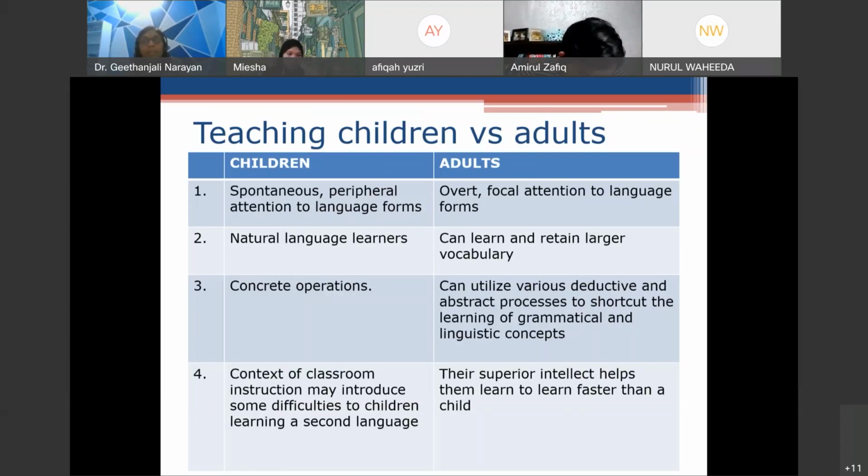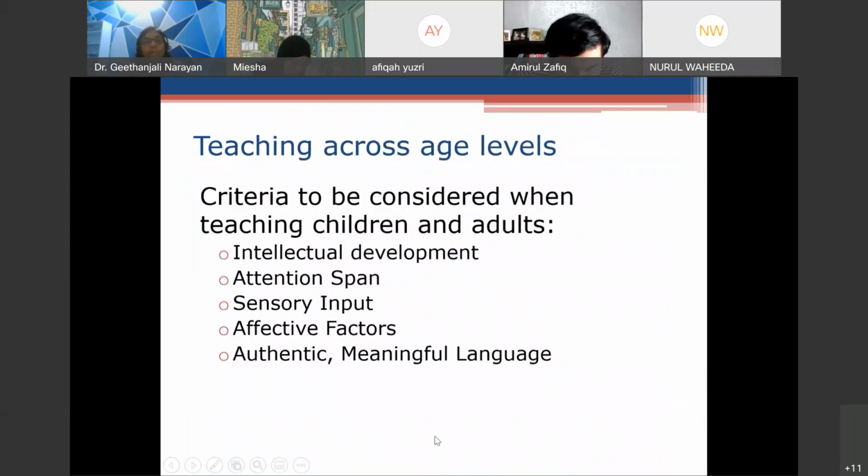And if they don't understand something, they won't give up. They'll try to make sense of it. They'll ask the teacher, they'll find out ways of learning it. Whereas children, if they don't understand something, they'll just give up and move on. All right. That's the nature of people because that's how we are. Our maturity level is so much lower when we are kids compared to when we are adults.